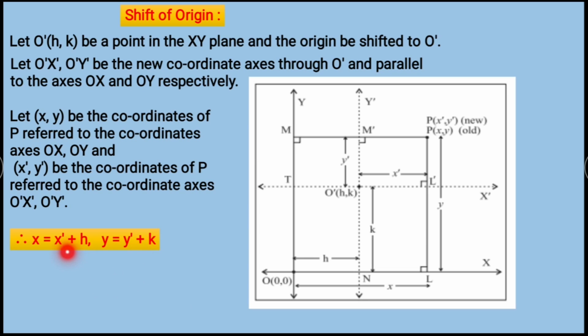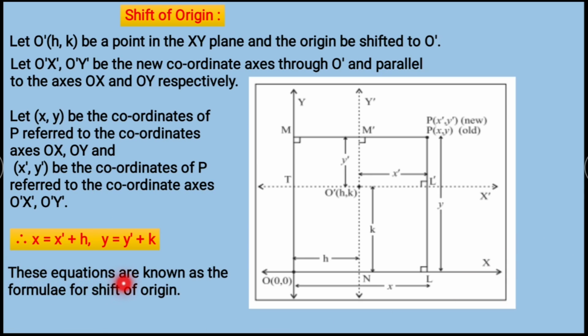If the value of (x dash, y dash) is given, that is, after shifting the coordinate of the point changes to (x dash, y dash), with the help of this relation we can find the new and old coordinate. So these equations are known as the formula for shifting of origin.